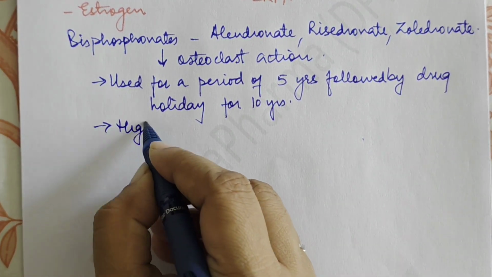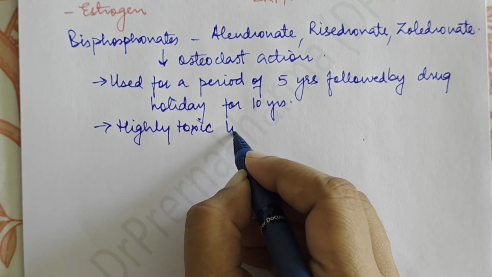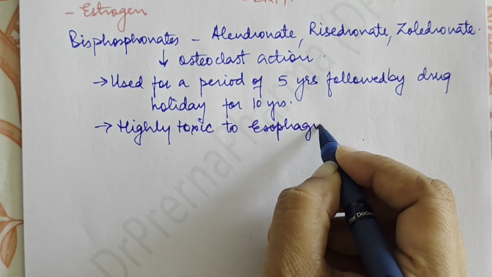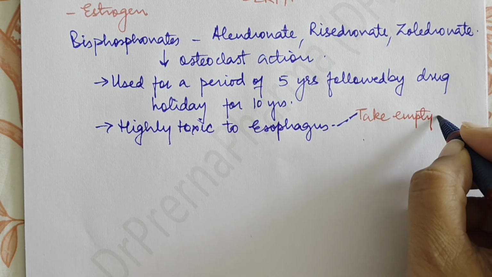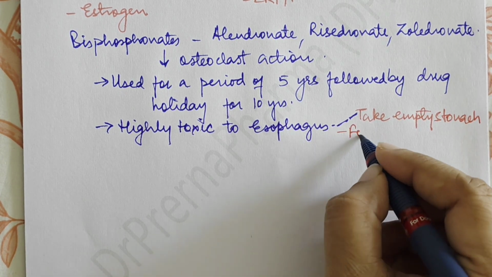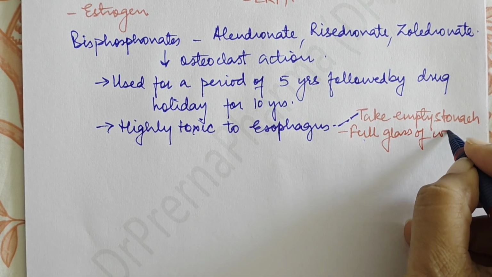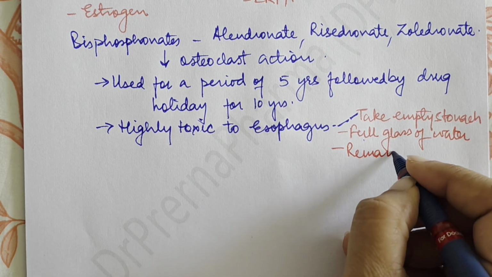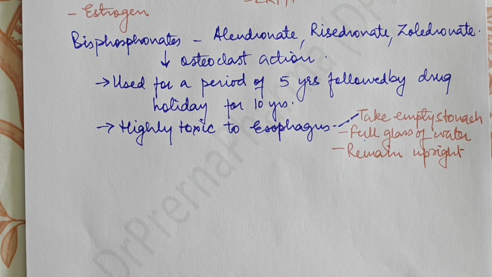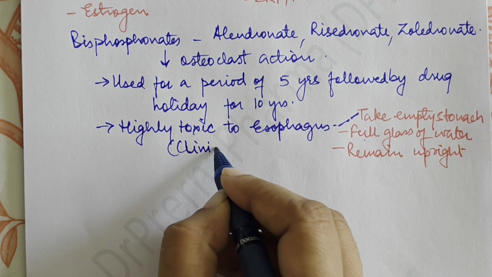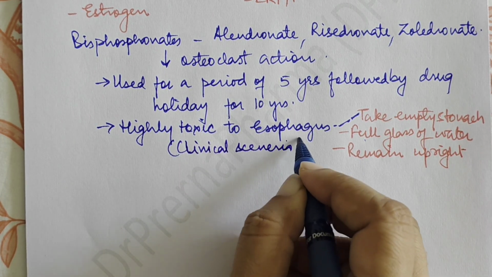They are highly toxic to the esophagus, and so it is very important to take them on an empty stomach, with a full glass of water, and remain upright for some time after taking the drug. That is why you will find some clinical scenario type of question asking why the patient is asked to remain upright. A clinical scenario question can be based on this.